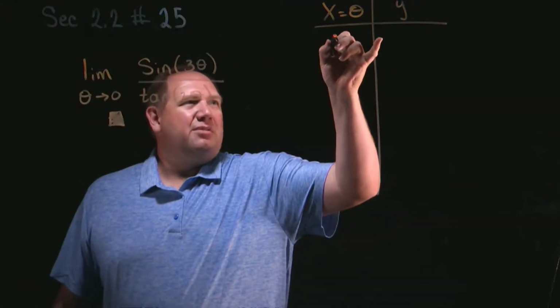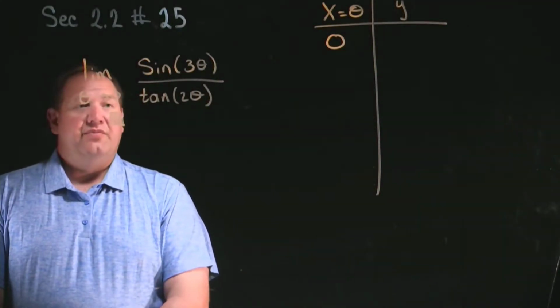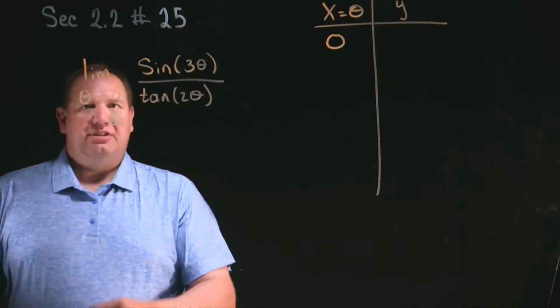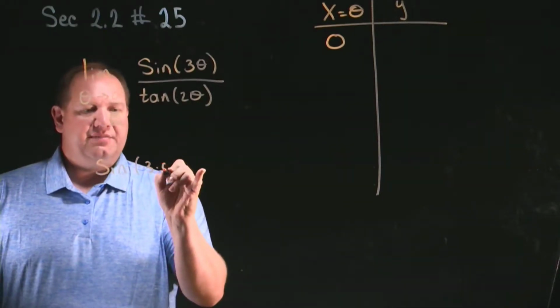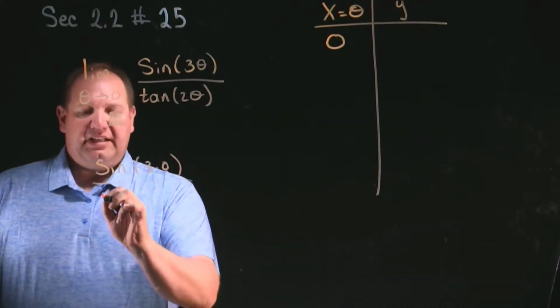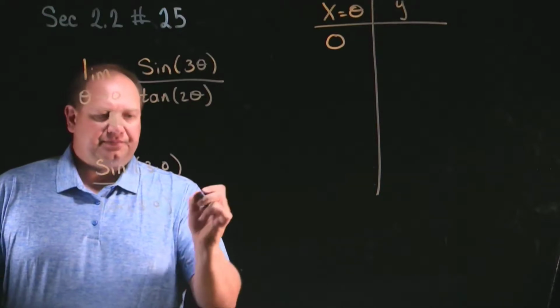And one of the things I always like to do is pick the value itself. So I'm going to pick theta equal to 0. And when I plug in theta equal to 0, what I will get is the sine of 3 times 0 divided by the tangent of 3 times 0.